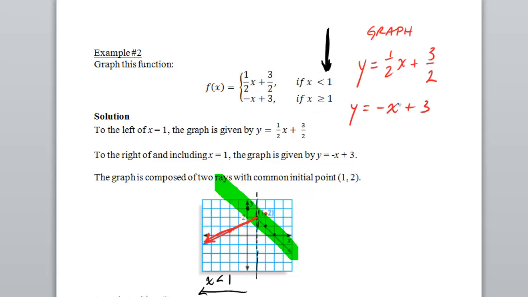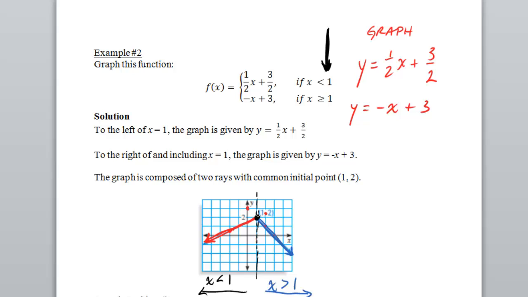Then I need to graph negative x plus 3 for all of the x values that are bigger than 1. That's everything on this side of the line. So I only really need to graph this part right here, and I can get rid of this highlighted part. As a result, what you see is we have one piece of the line on the right side of 1 and one piece of the line on the left side of 1.